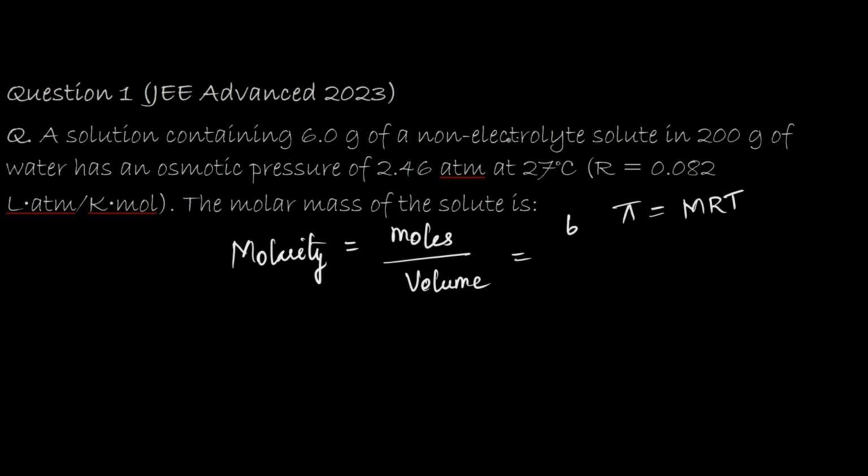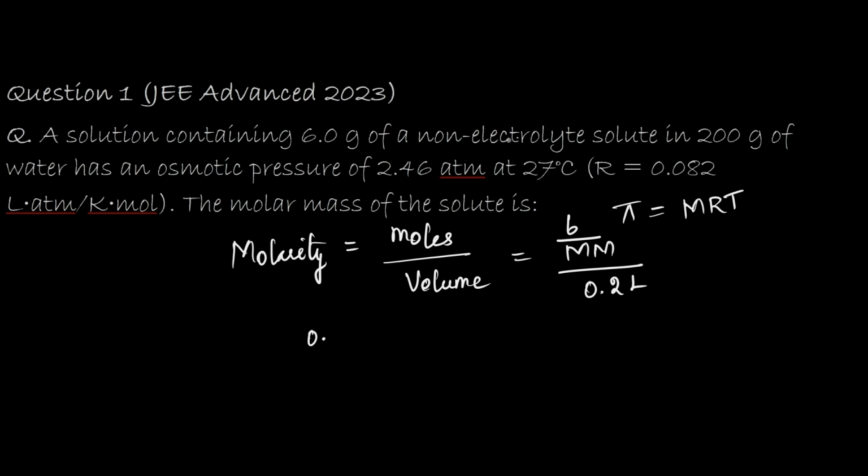So I am taking 6 divided by molar mass, by the volume, that is 200 grams of water. We know that the density of water is 1 gram per ml, so this will be equal to 0.2 liters, right? Okay, so let's substitute everything in the formula, pi is equal to mRT.